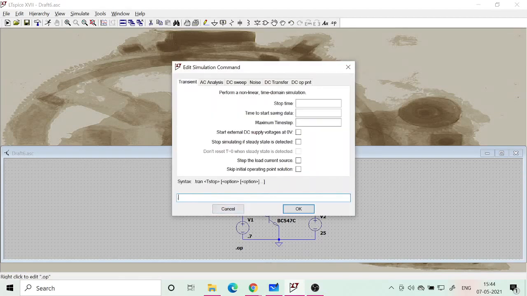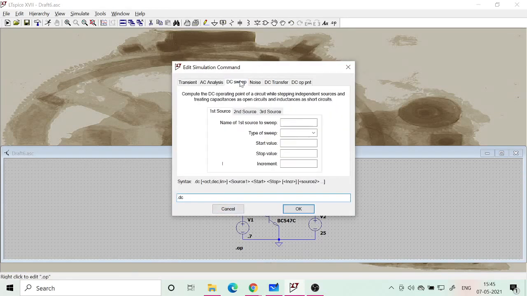So you remove this and go to DC sweep, and here for input you give V1, linear sweep, start from 0 and go up to 0.8, or 0.75 is also okay, with increment 0.01.